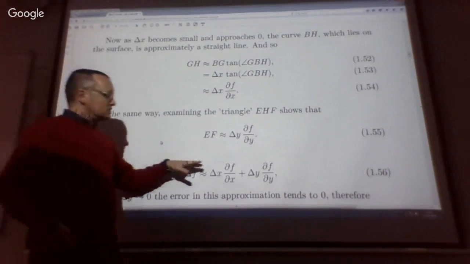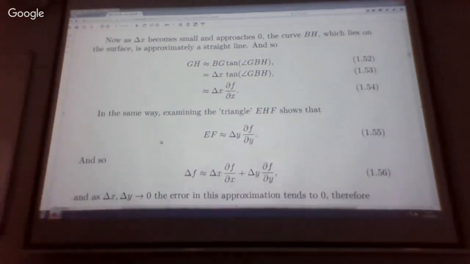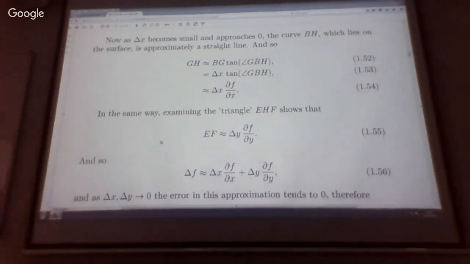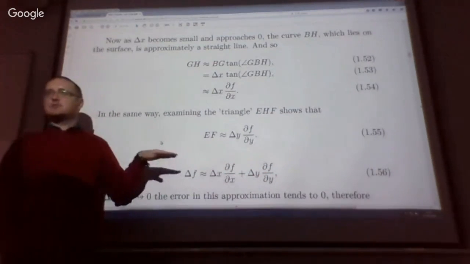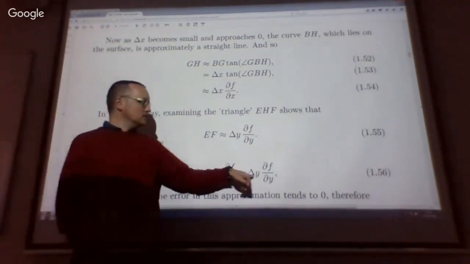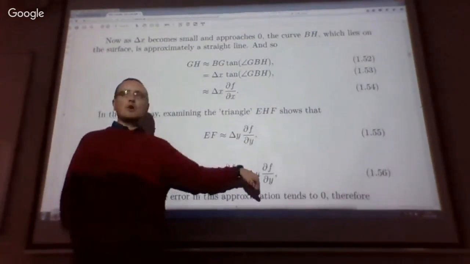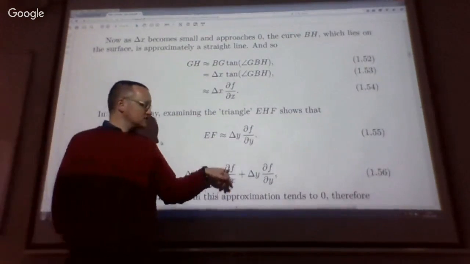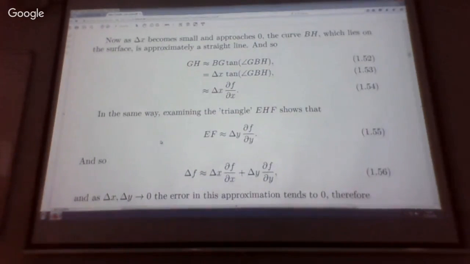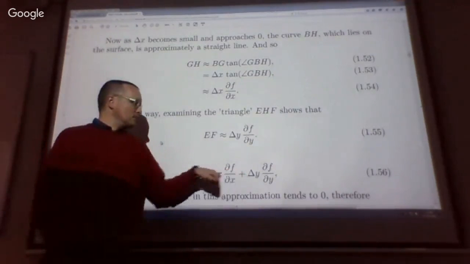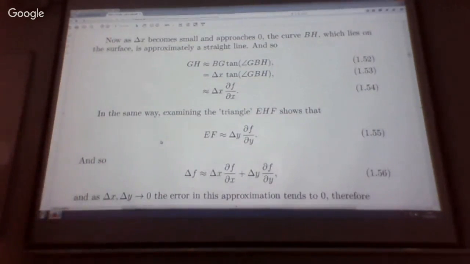Now we'll return to this kind of idea shortly when we look at Taylor series for functions of 2 or more variables. But this expression is, in a sense, the best possible linear combination of the changes in x and y. These coefficients here, df dx and df dy, are the ones that do the best job at approximating the change in value of the function as a linear combination of changes in x and y.